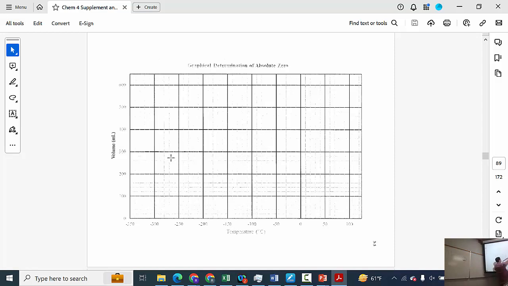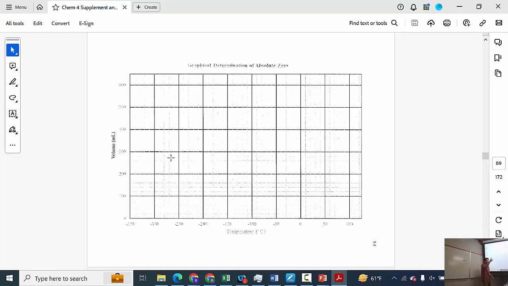But oftentimes what I see is people have to attach another page. And so they attach another page here, and then they hand draw blocks here, and they come out with an intercept of like -500, which is way off, right? Way off because the percent error is so huge. And it's because the experiment didn't work so great.